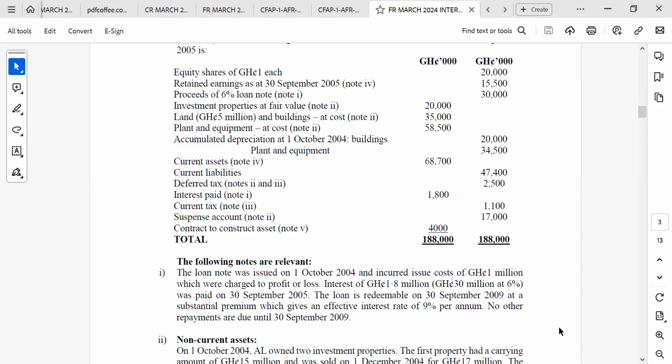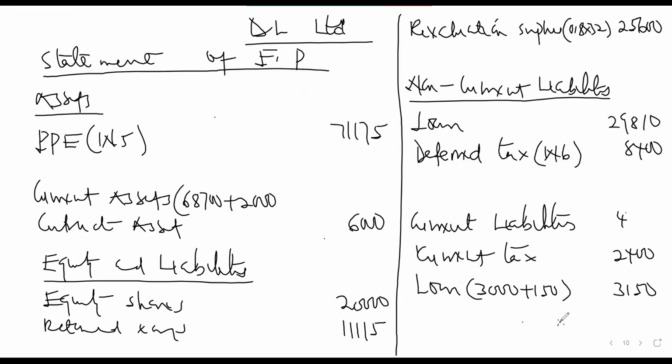Can we get the current liabilities as 47,400? Okay, 47,400. Our current assets will now be 68 plus this, that will be 70,700.